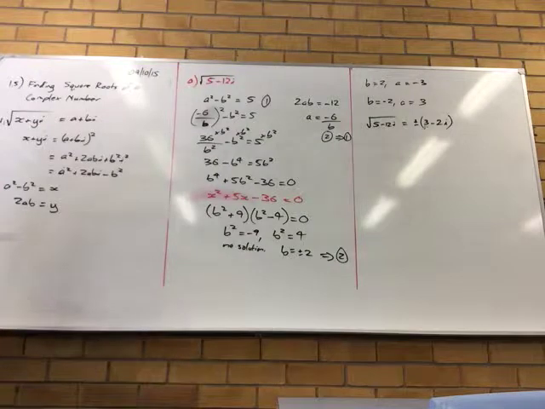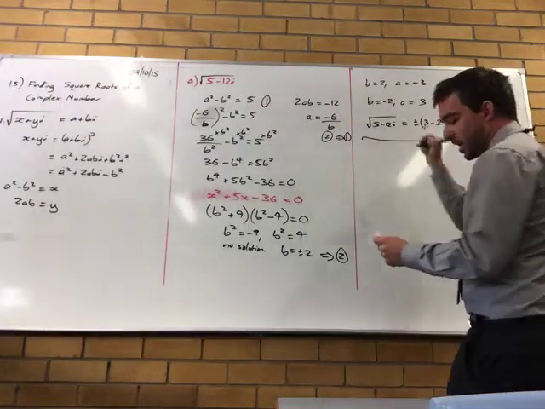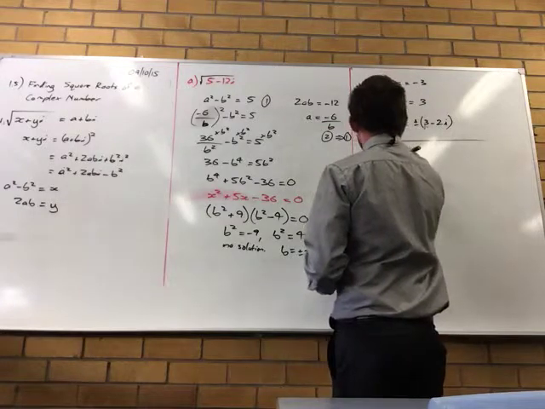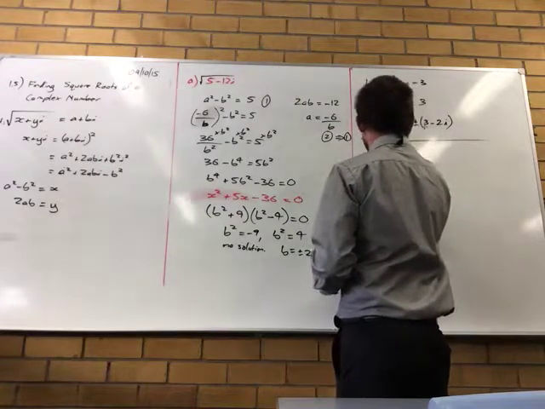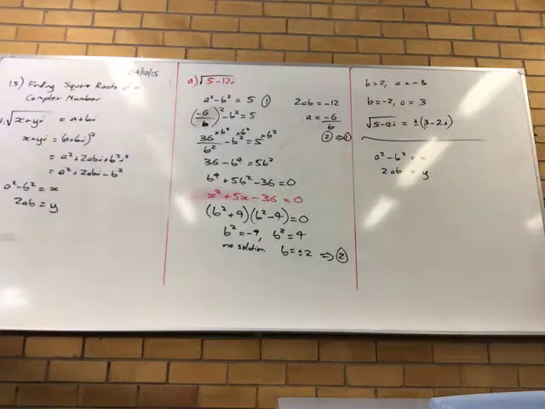Alright, so the alternate way to answer that particular question is to consider the following. We had set over there that a squared take away b squared is x and 2ab is equal to y, where x and y are the real and the imaginary part respectively of the complex number that we are trying to find square roots for.